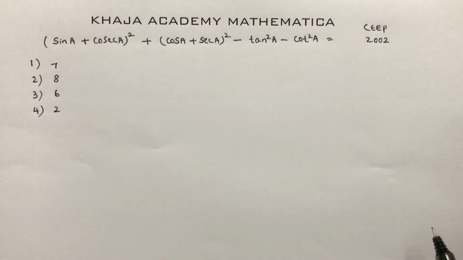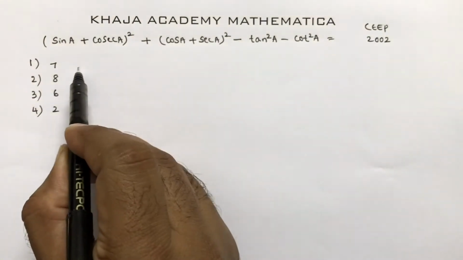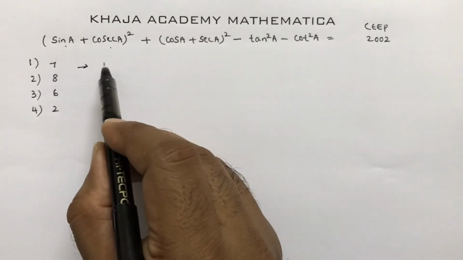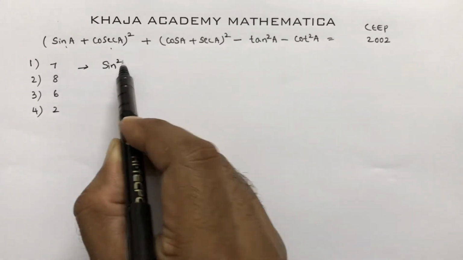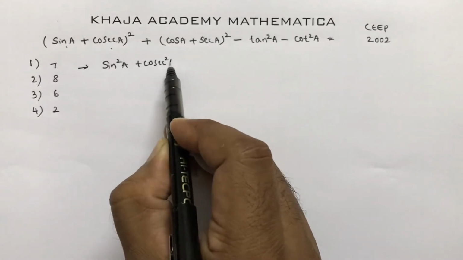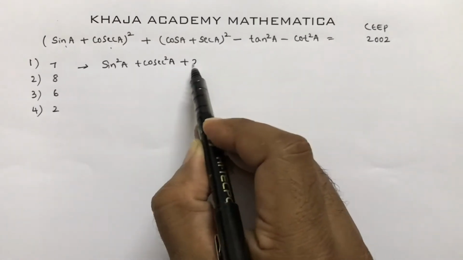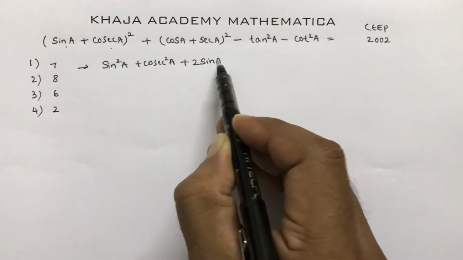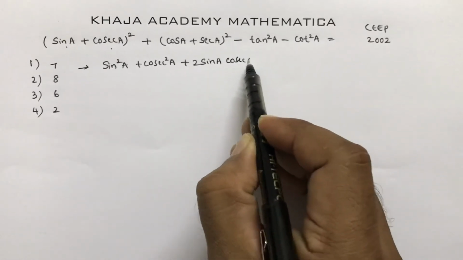Sin a plus cosec a whole square plus cos a plus sec a whole square minus tan square a minus cot square a. Here if I solve this, sin a plus cosec a whole square is a plus b whole square: a square plus b square, cosec square a, plus 2ab, 2 sin a cosec a.